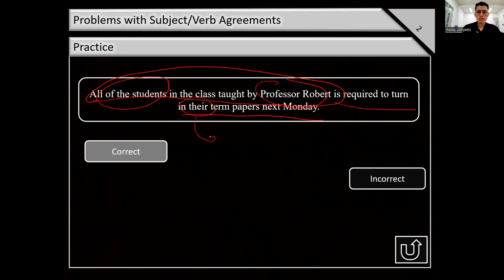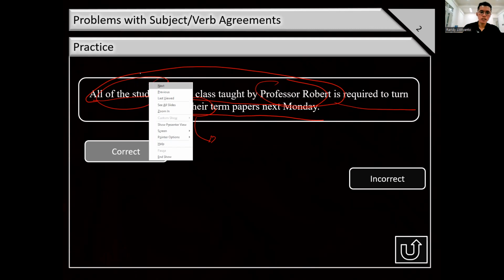It means that in this sentence there are some people who have an obligation to turn in the term papers. So which one has the obligation to turn in the papers, all of the students or Professor Robert? Of course, it is the job of the students, not the professor.